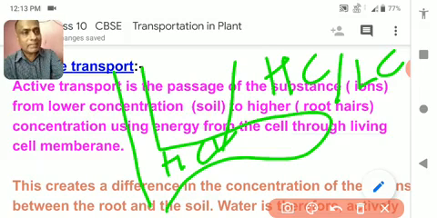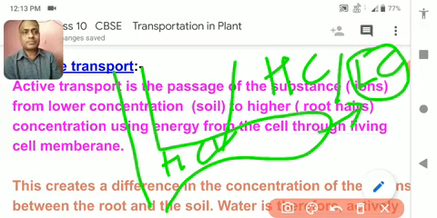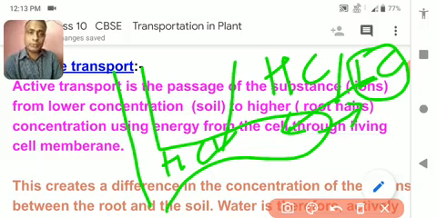So in that case, the cell membrane uses energy to trap this mineral and bring it into the root hair. So the minerals are caught, or transported, or brought into the root hair with the help of energy utilized by the cell membrane, and it is just opposite to osmosis. That's why it is called active transport.